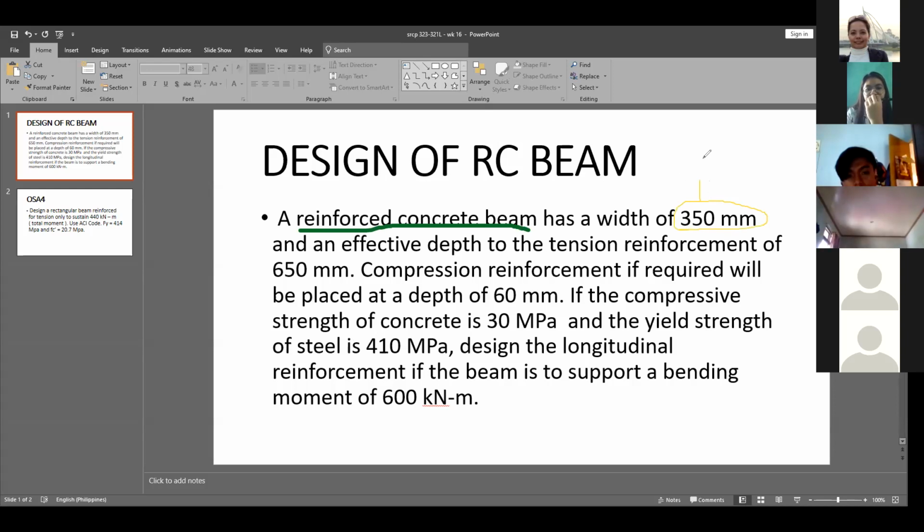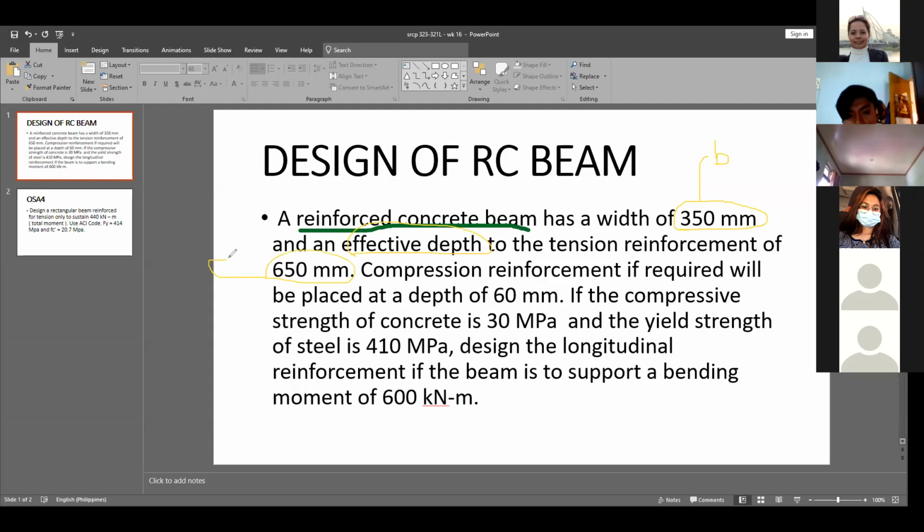So the width is 350 mm. Effective depth of the tension reinforcement is 650 mm. So that is the effective depth.